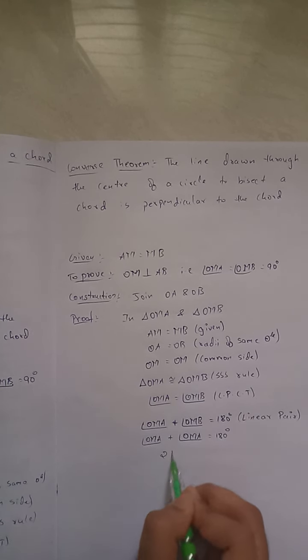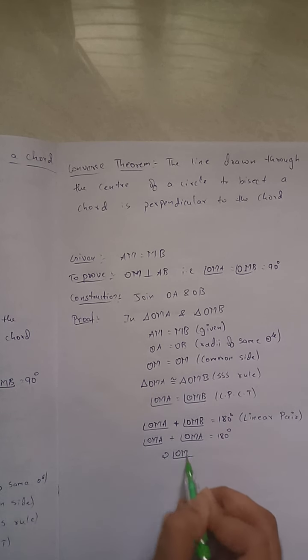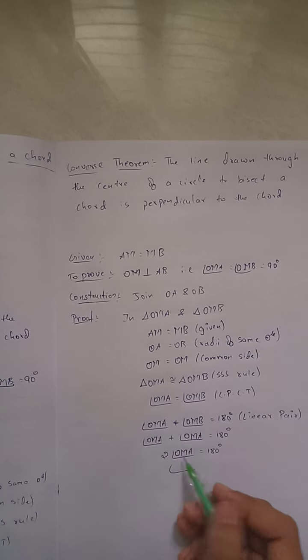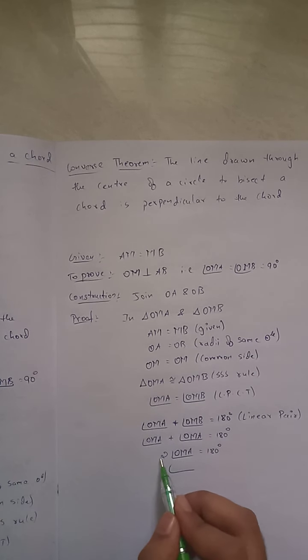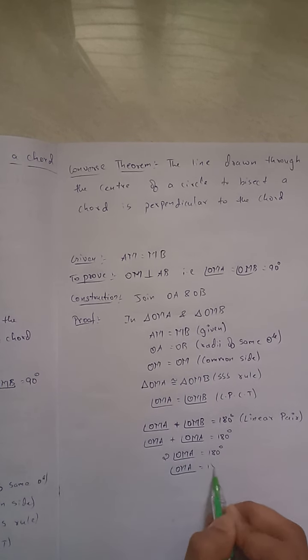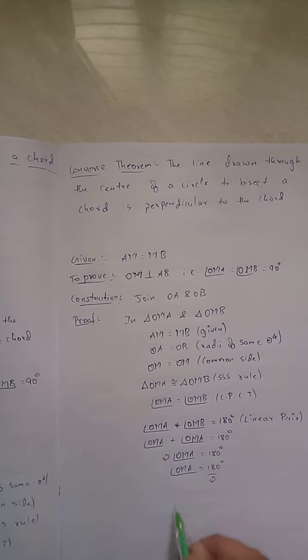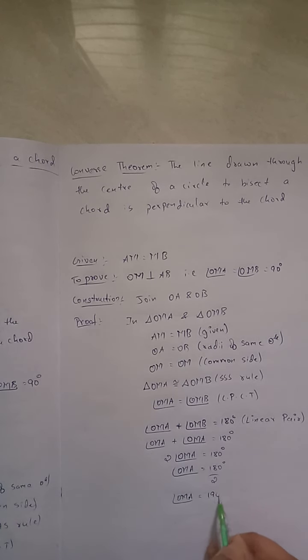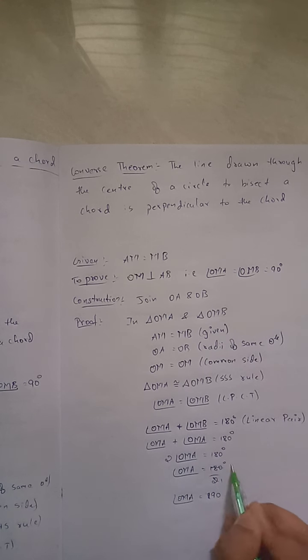When we add, we will get 2 OMA is equal to 180. Here it is a multiplication sign. When it is converted to the RHS, it will be division. So 180 degrees by 2, angle OMA is equal to 90 degrees.